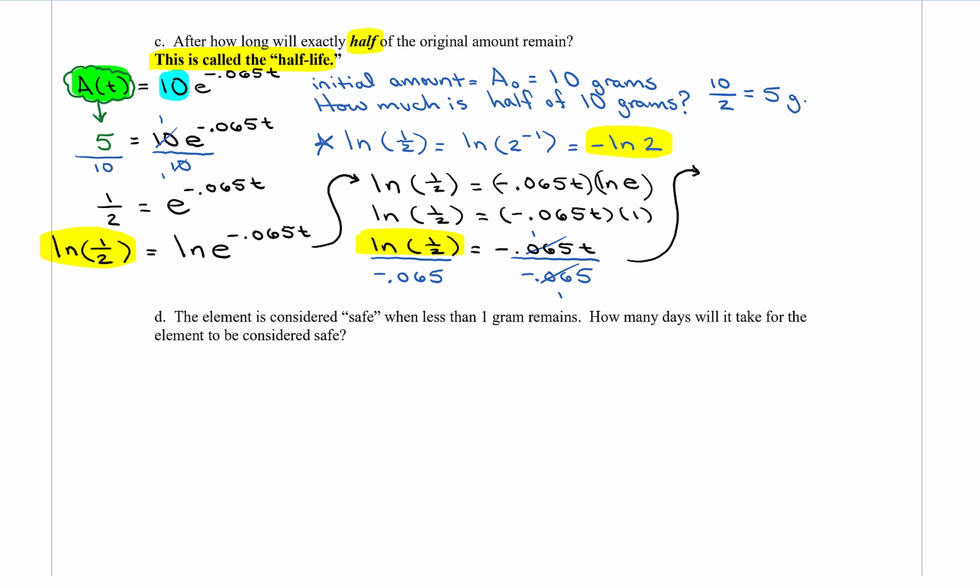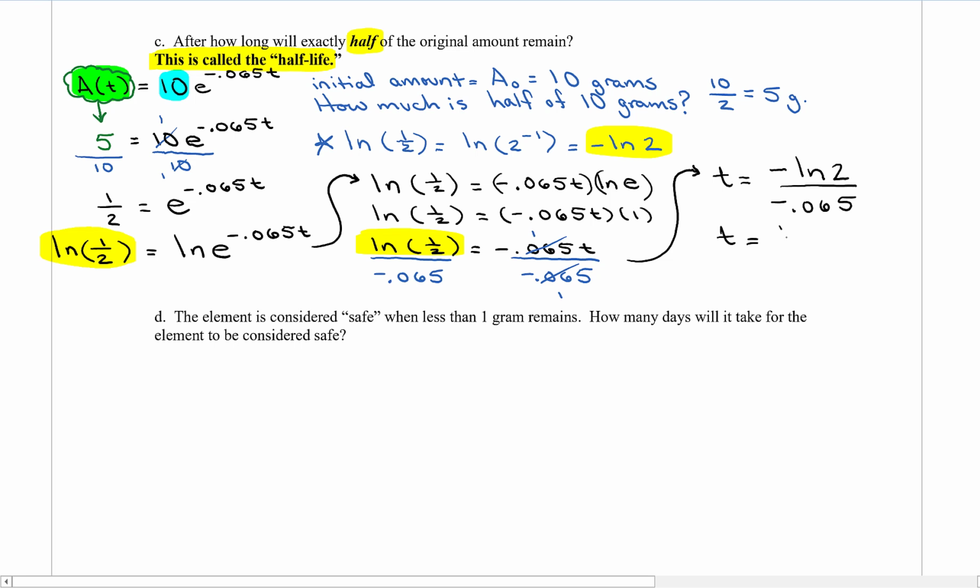I'm going to replace that natural log of 1/2 with the negative natural log of 2. So I'm going to write down t equals negative natural log of 2 over negative 0.065. So t is going to be equal to the natural log of 2 divided by 0.065.